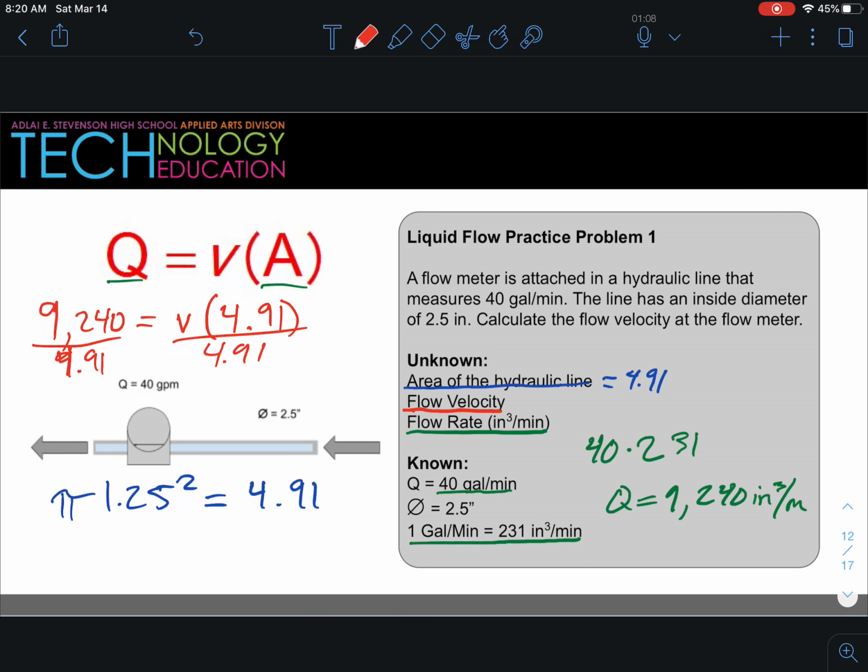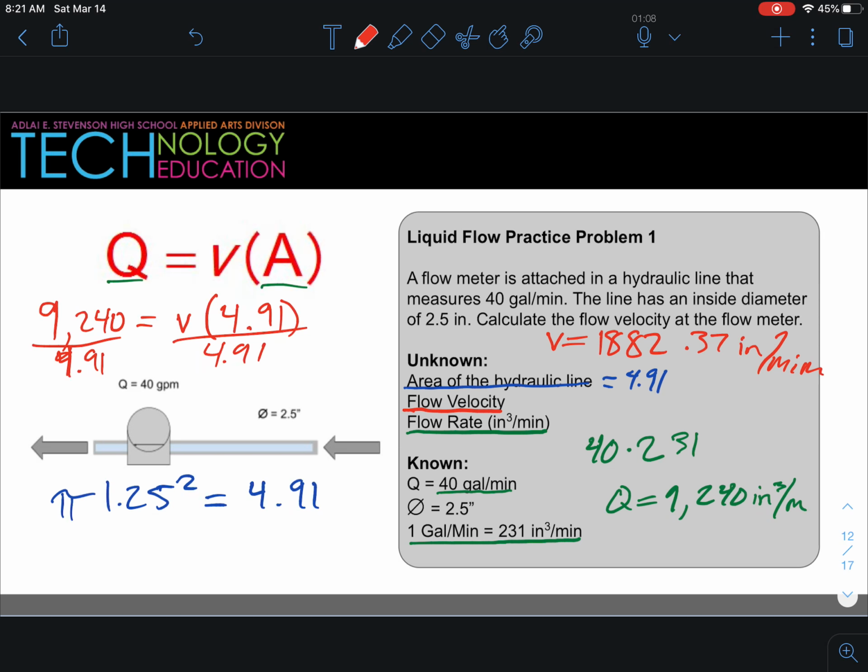We find that our velocity V is equal to 1,882.37 inches per minute.